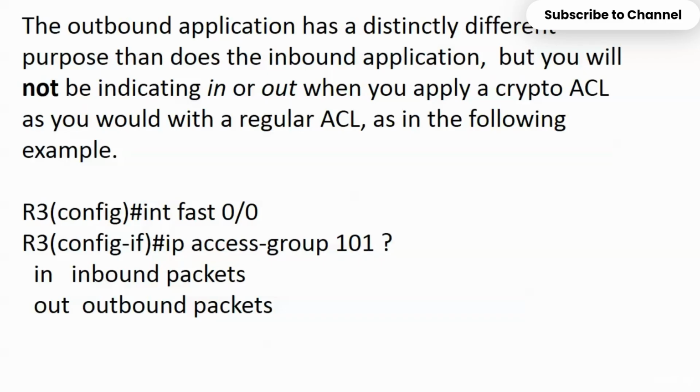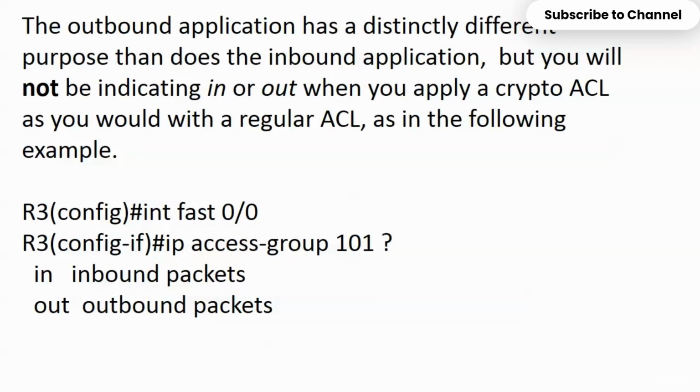Some important rules there, but what might surprise you is that, even though there's such a big difference between outbound and inbound traffic with a crypto ACL, you will not be indicating in or out when you apply a crypto ACL as you would with a regular ACL, as in this example. I did have this in Cisco router font, but when you enlarge that, it really just burns the retina, so I've got it in regular font here for you.